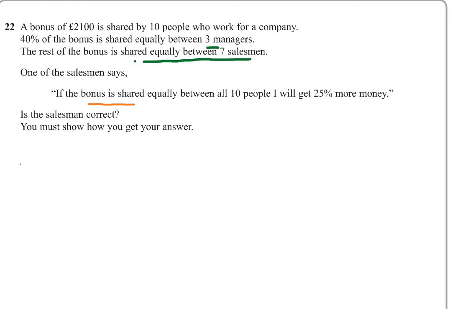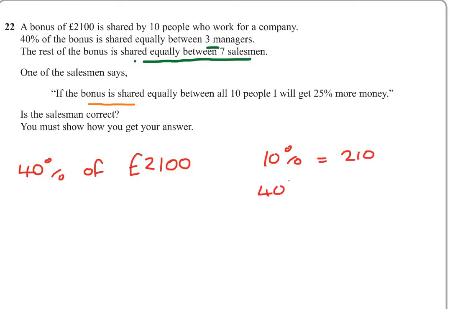So 40% of 2,100, well that's just, so 10% is 210. So we times that by 4, we get 840. So this is shared equally between the 3 managers.